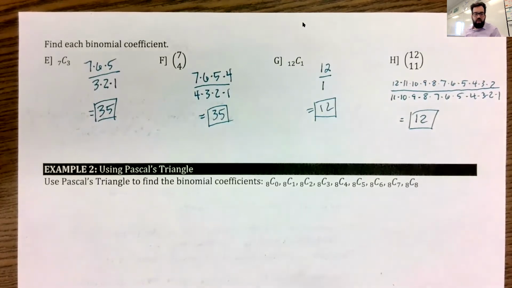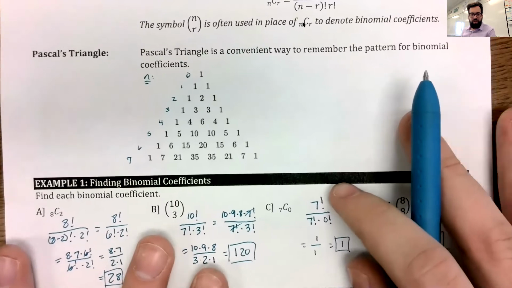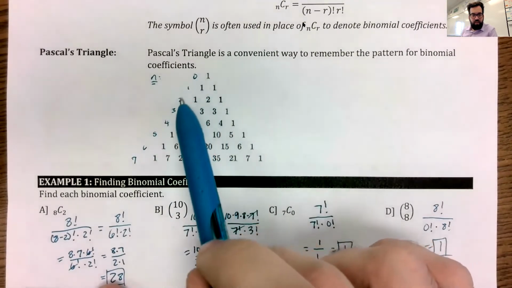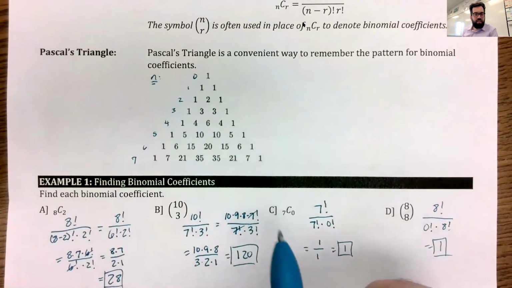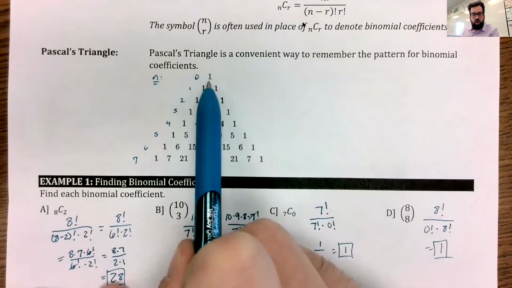So Pascal's triangle is this fun little pattern that's on the front of your page. And before we talk about how to use it, let's just talk about the triangle. So you notice I've already labeled the n here, starts at 0 and goes up. But let's just talk about the pattern that we see. So we just start with a 1.